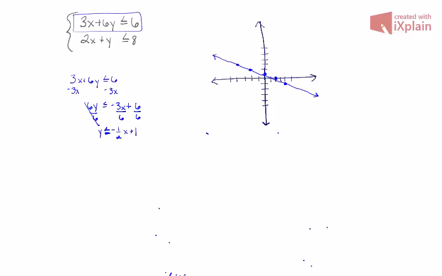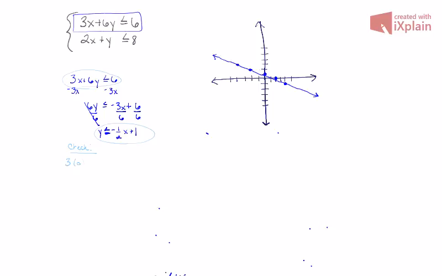Okay, so now we need to check to see which side of this inequality I need to shade. So I'm going to pick a point that is not located on the line. In this case, I'm going to pick the origin because it's pretty easy to work with and fairly quick to solve. You can either use the equation or the inequality the way that it was provided for you, or you can work off of what you have after you get it into slope-intercept form.